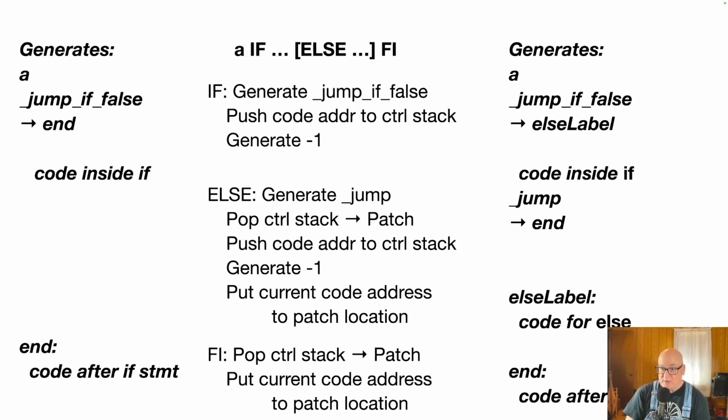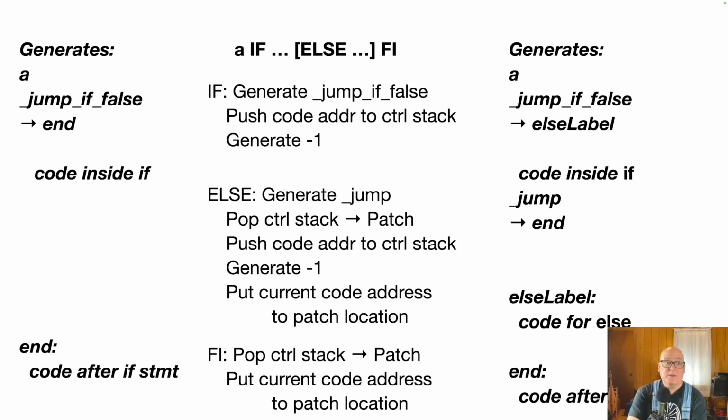And then they both converge at the end for the code after the if statement. So the structure of the middle part is the actions we're going to do to make this happen. And we have to track it two ways. What if there's only if and phi, or what if there's if else phi? We want to make if and phi apply regardless of whether we had else or not.